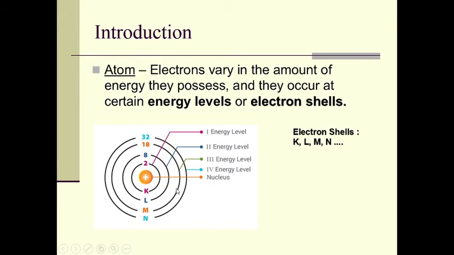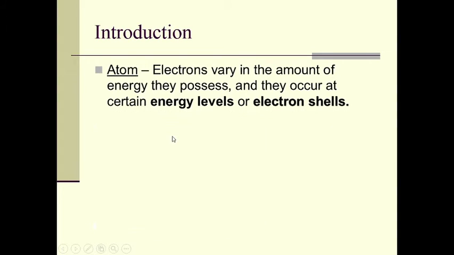Each shell can occupy a different number of electrons: the innermost can occupy only 2 electrons, the second one can occupy 8 electrons, the third one can occupy 18 electrons, the fourth one can occupy 32 electrons, and so on.